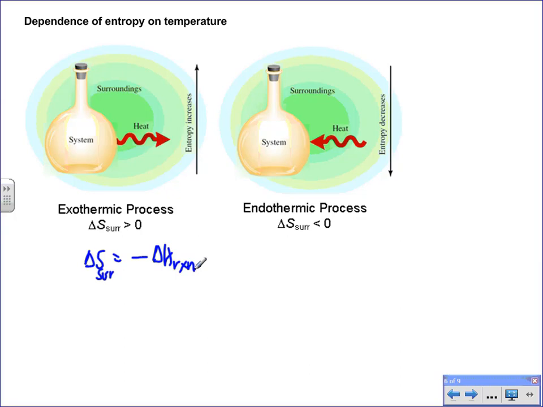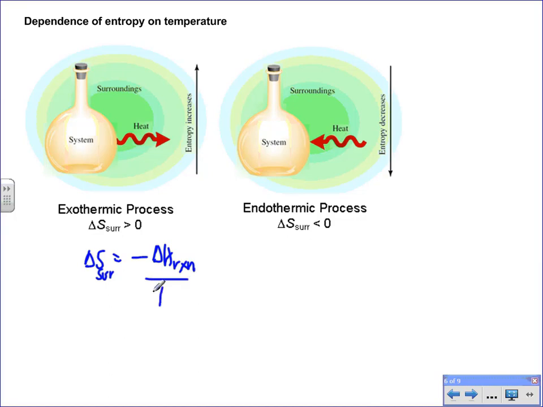So if you start with something at 0 degrees Celsius and you add 100 joules of energy, that's going to have a different increase in entropy than a system that started at 100 degrees Celsius and 100 joules was added. The lower the initial temperature, the greater the effect of heat being added and the greater the increase in the entropy.